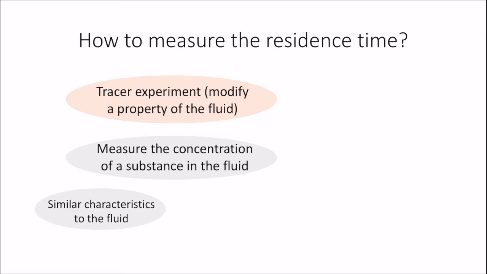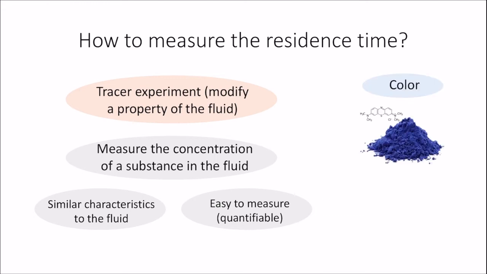This substance, which is known as the tracer, needs to have similar characteristics as the fluid. In addition, the tracer needs to be easy to measure and quantifiable. For example, we can use color to track changes in the system. In the Practicum, we will introduce methylene blue at the inlet of the reactor, which will change the color of the reactor over time.